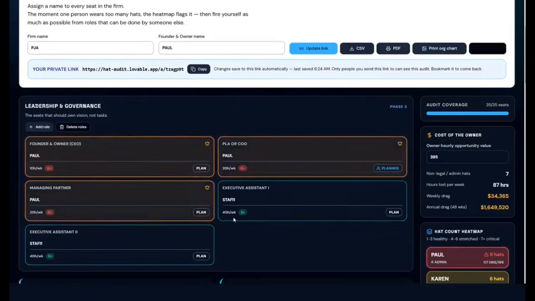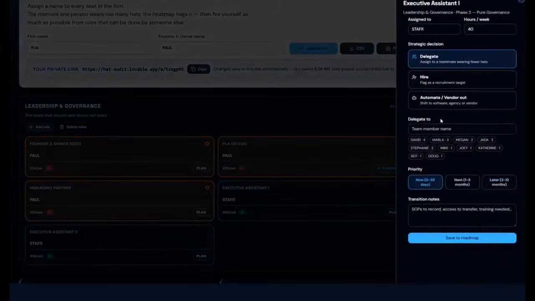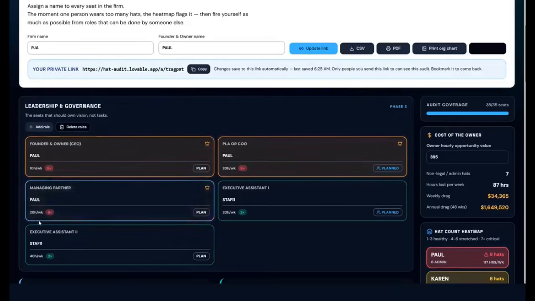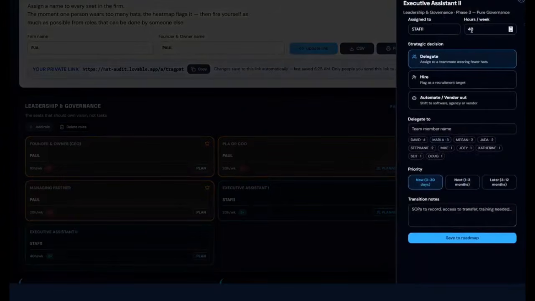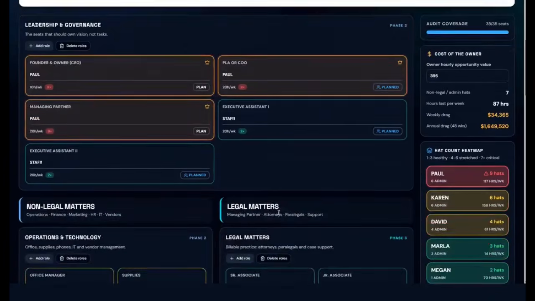And the two executive assistants, they're not working 80 hours. So we make them each 20. I mean, this is just a rough guide, but it's really helpful in giving you a visual. So I've changed those to 20.